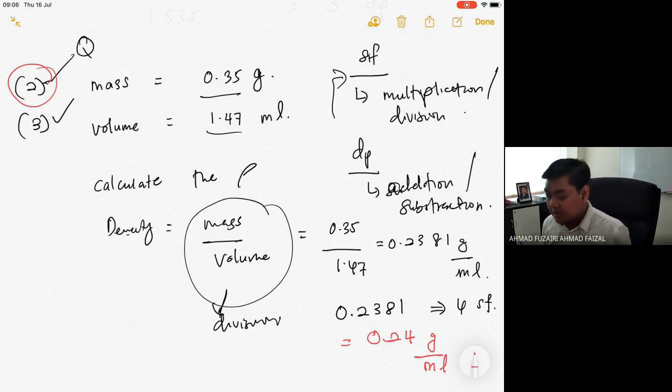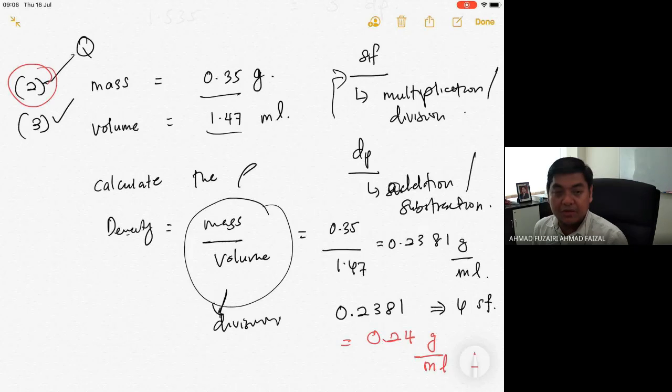But for this kind of chapter, you must follow the significant figures. And of course, if you want to follow the significant figures, make sure it involves multiplication and division. If the operation is addition or subtraction, tambah dengan tolak, kan? In that one, dia akan follow the least decimal point. Okay? Itu yang saya nak highlight.